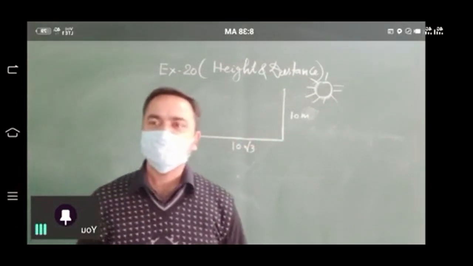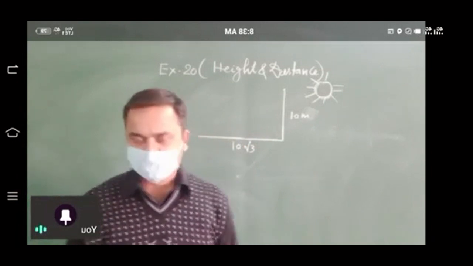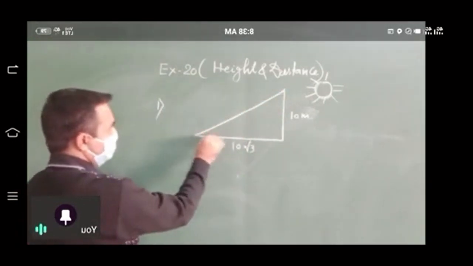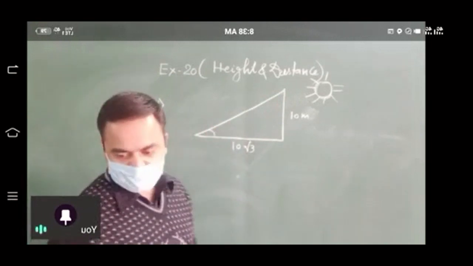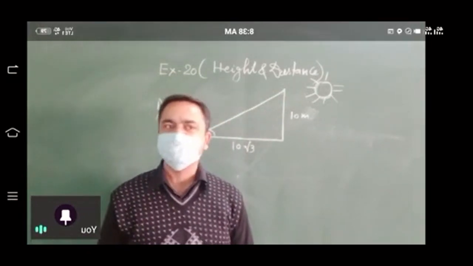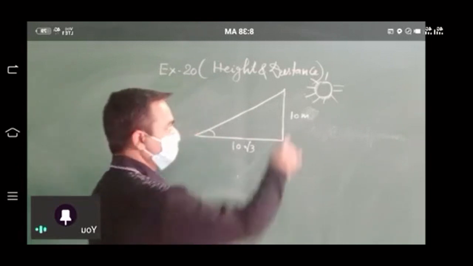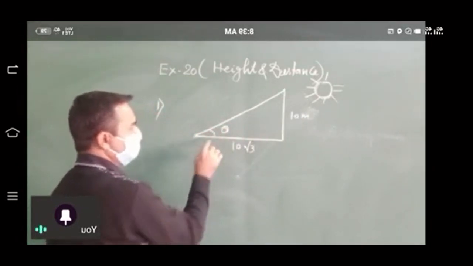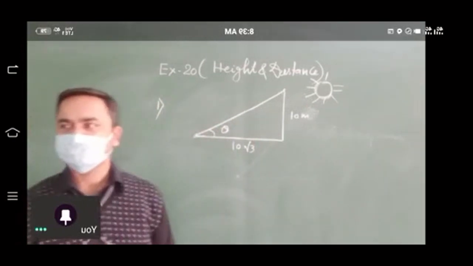And the question is, what is the angle of elevation of the sun? The question is to find the value of theta.